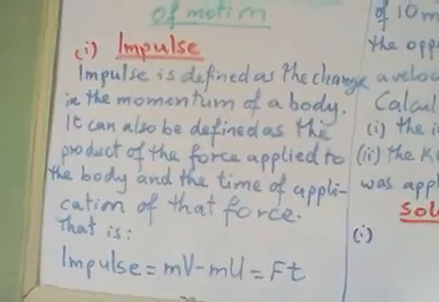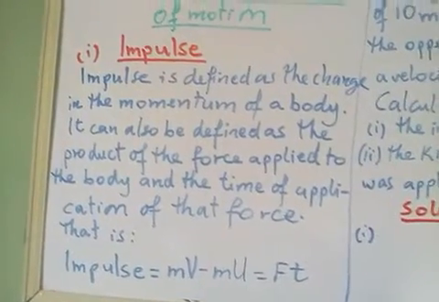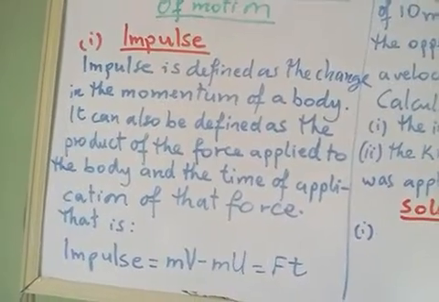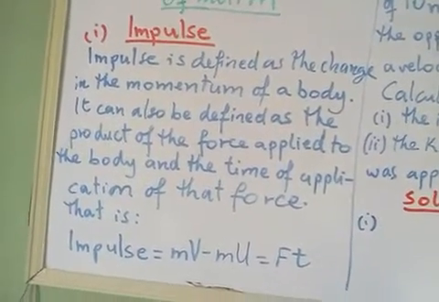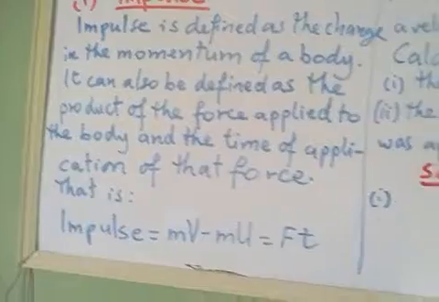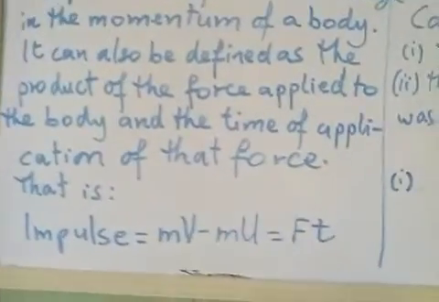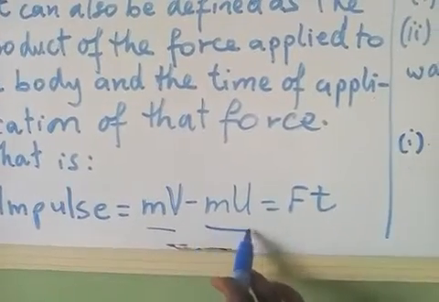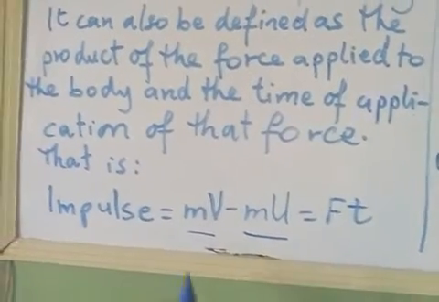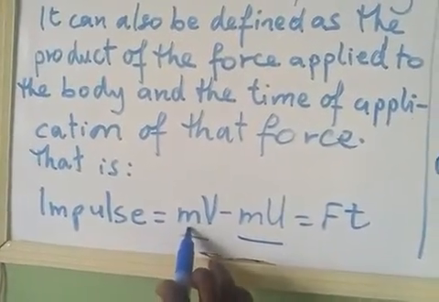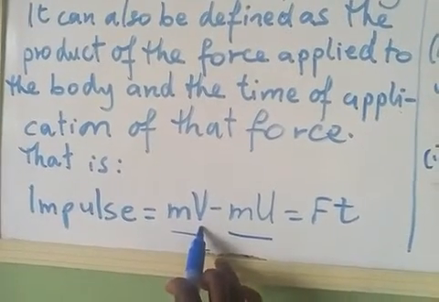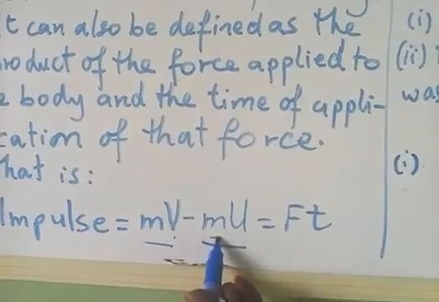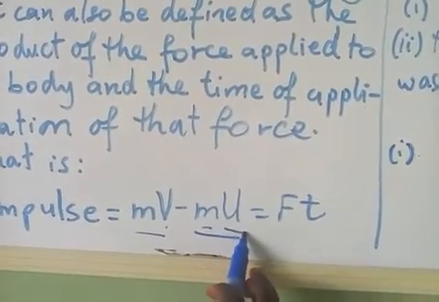We've seen before in Newton's laws of motion that the second law talks about the change in the momentum of the body, and the change in momentum is equal to the final momentum minus the initial momentum. The final momentum is equal to the mass times the final velocity, and the initial momentum is equal to the mass of the object times the initial velocity.